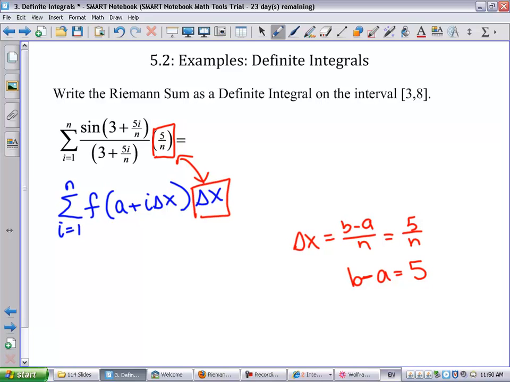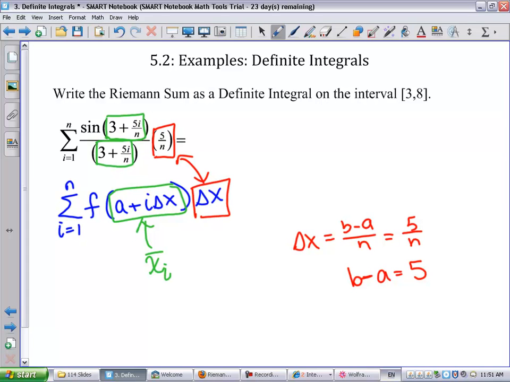And then we can also match up 3 plus 5i over n. There's 2 of those. But either one of those matches up with the a plus i times delta x. Because that's supposed to be our x bar, xi bar.